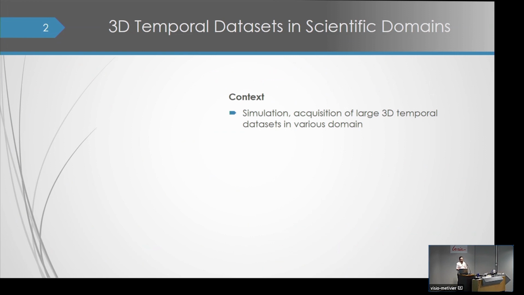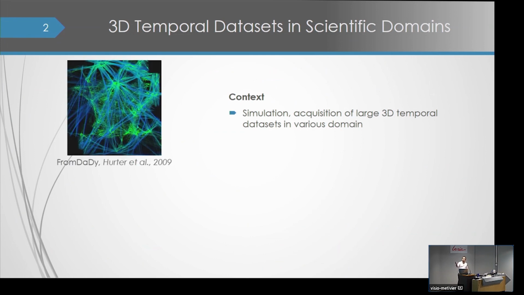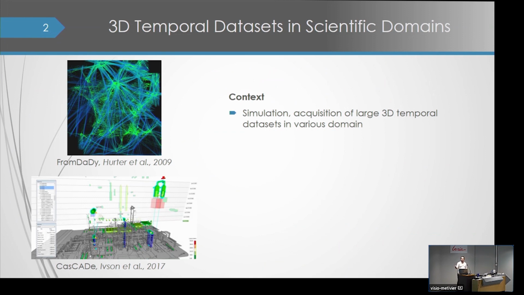So it's notably present in domains such as biological imaging, medical imaging as well, but also geography, such as in this example of 3D plane trajectory datasets, or in this second example, in CAD construction schedule software, where we can see that the temporal axis is represented on the vertical axis in the application.